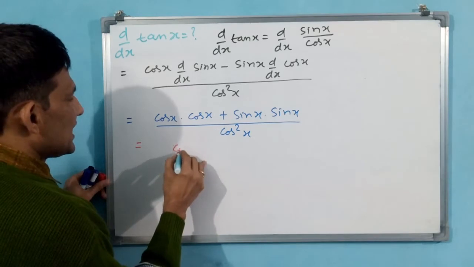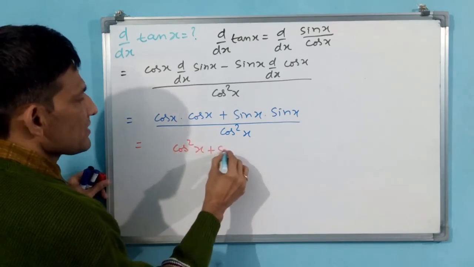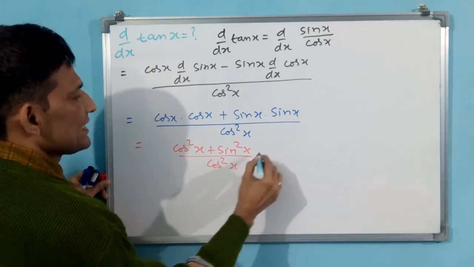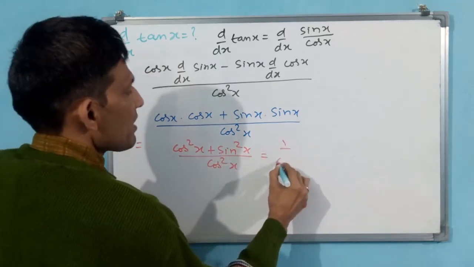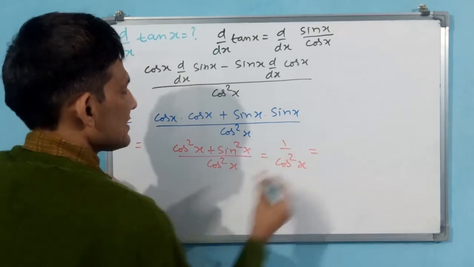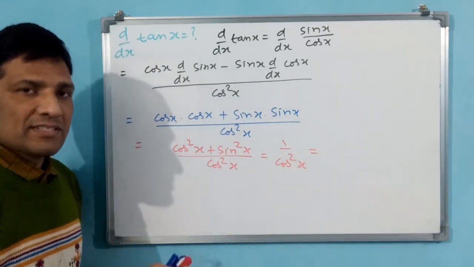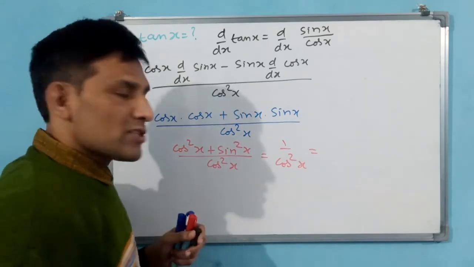That is equal to cos square x plus sin square x by cos square x, which is 1 by cos square x. 1 by cos x is secant x, so 1 by cos square x is secant square x.